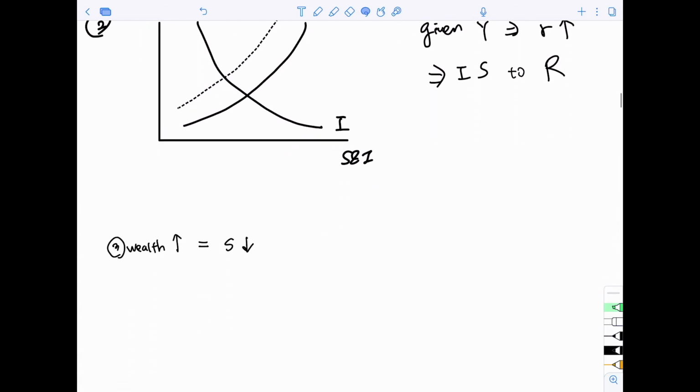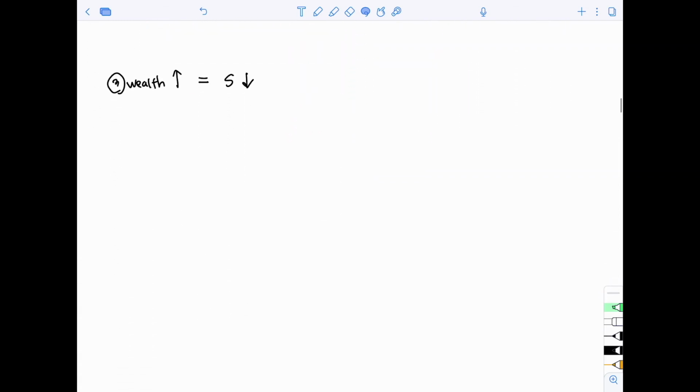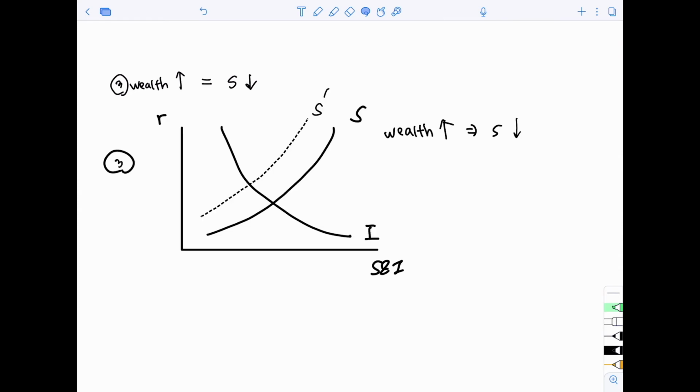So how about when there is an increase in wealth, what happens to the IS curve? When the wealth increases, it causes a fall in savings. That is because the wealth increase doesn't affect the income, but it affects the consumption decisions. Therefore, when the wealth increases, the saving falls. When the saving falls in the saving and investment diagram, the saving curve needs to shift to the left.